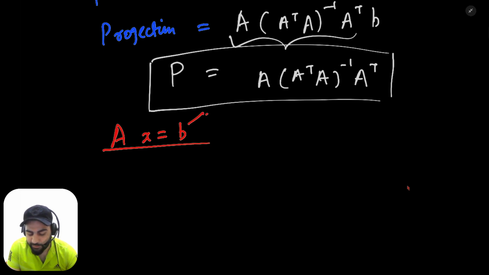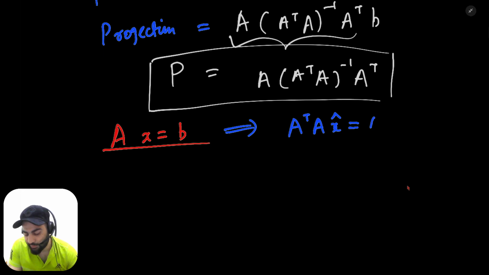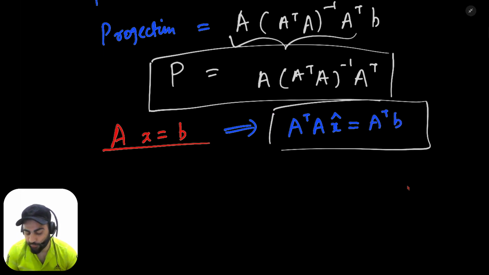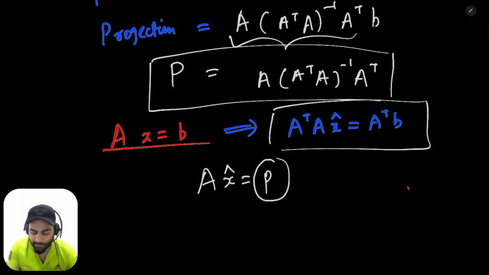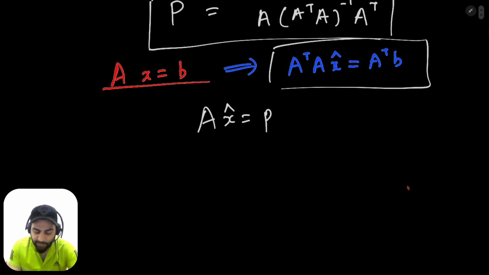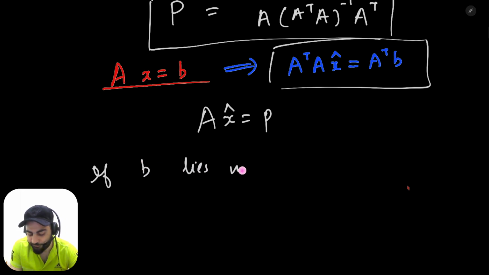Because we saw that this B does not lie in the column space of A. That's why we tried to solve the equation A transpose A x bar is equal to A transpose B. Because we want to find a P which lies in the column space of A. So let's suppose a vector B lies in the column space.